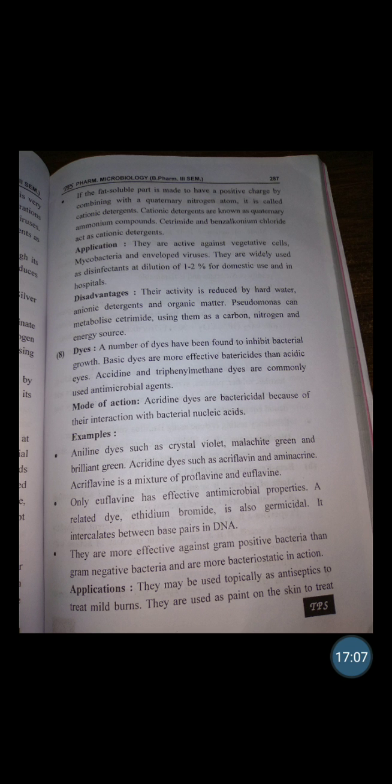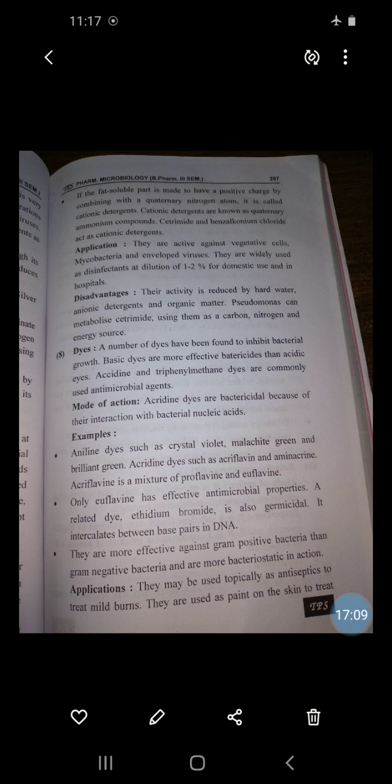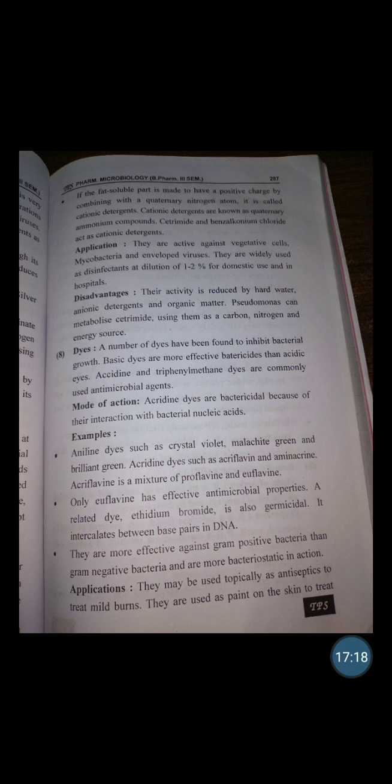Applications of beta propionolactone: it is an effective virucidal agent. It has broad spectrum activity. 0.2% is used to sterilize biological products. It is more efficient in fumigation than formaldehyde.